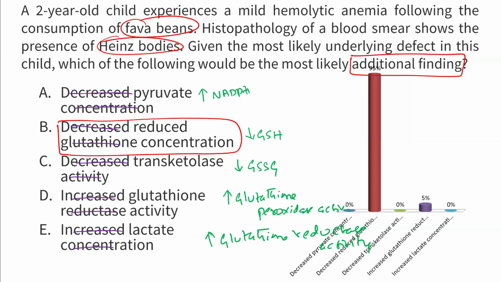Whereas in this question, how many choices were connected to your stem? It was B and D. Other choices have nothing to do with the pentose phosphate pathway. That's why you had a little less confusion. When all choices are connected, then you get confused. But if you know the concept correctly, you will go to the correct answer. You may not see all of them connected in the choices, but I'm just giving you the hardest one.